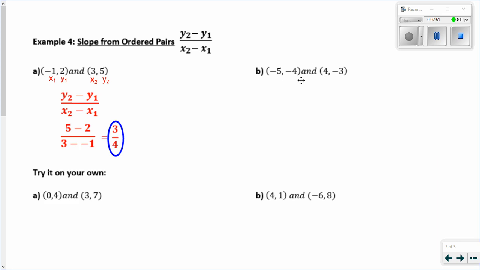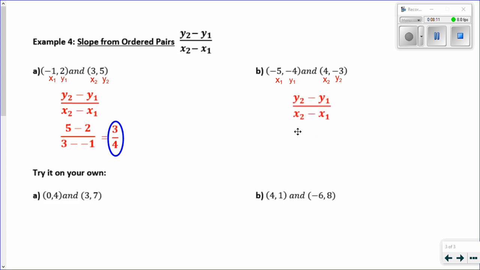I do the same thing here, and it doesn't matter which one you pick as your first point. It will not make a difference as long as you stick to it. So like the x1 and the y1 are in the same ordered pair. Okay, you just gotta make sure the 2's and the 1's match up together. So I'm going to use the same formula, and I'm just going to plug in.